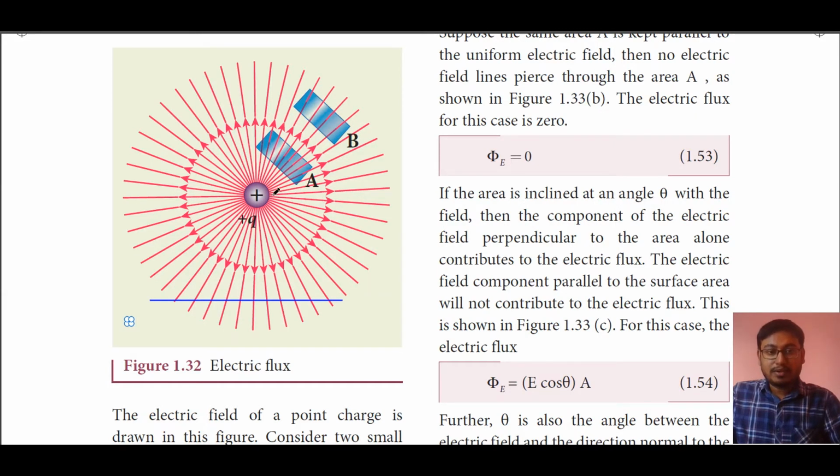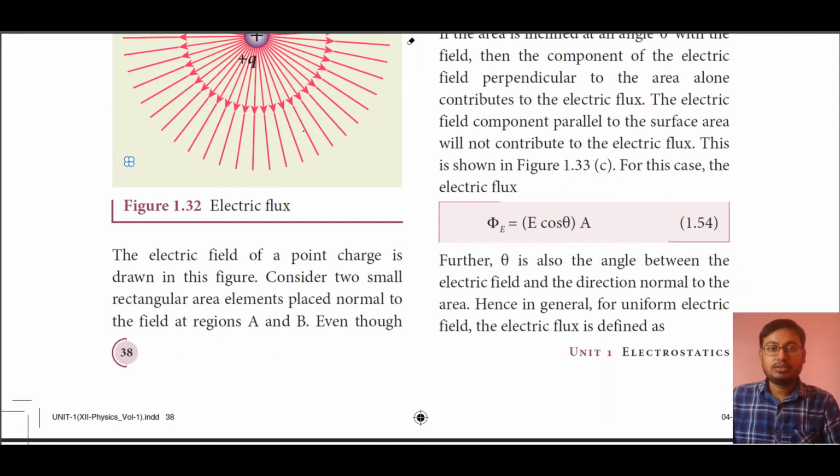The number of electric field lines passing through region A or region B is called electric flux. As we know very well, as we move away from the charge, the electric field lines will decrease. That is why you can see in this figure that through region A a huge number of electric field lines are passing, but through region B very few are passing. That means the flux at A is more than the flux at B.